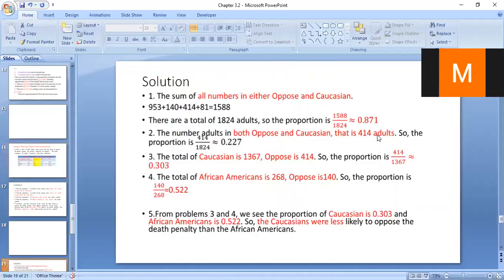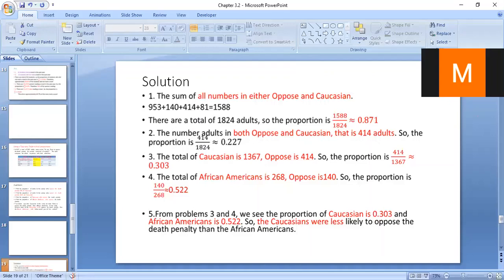When you find the and, you find the common. So that is 440, and you find the proportion: 440 divided by 1,824, and you get 0.227. And in the first question, you get 1,588 divided by 1,824, you get 0.871. This is the proportion of the people.